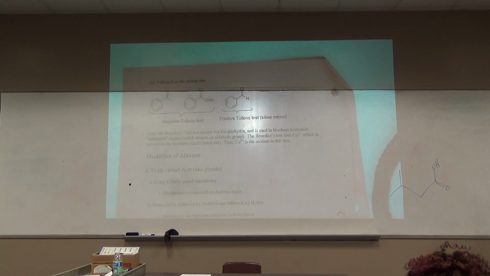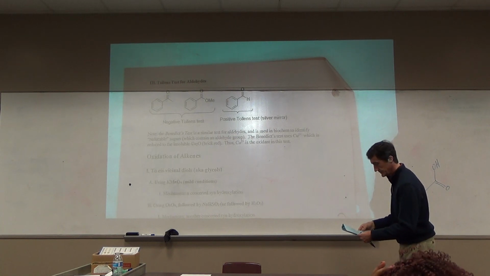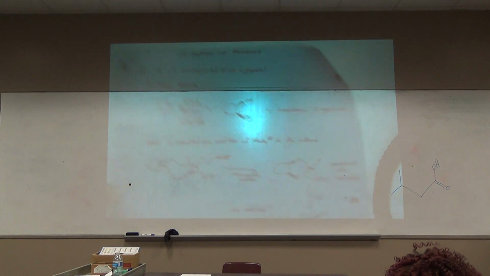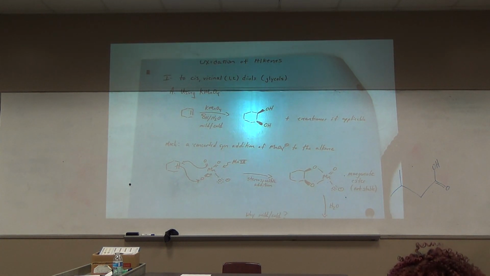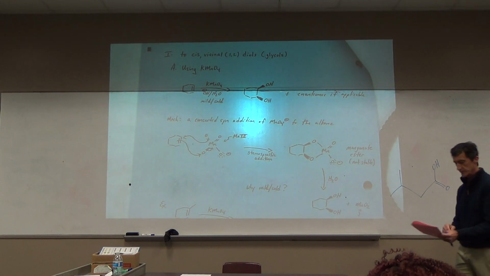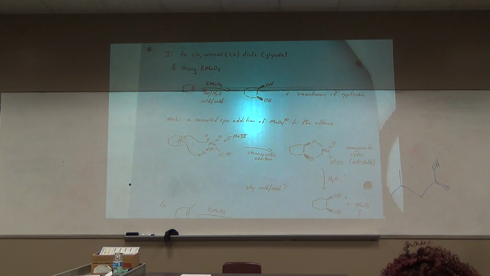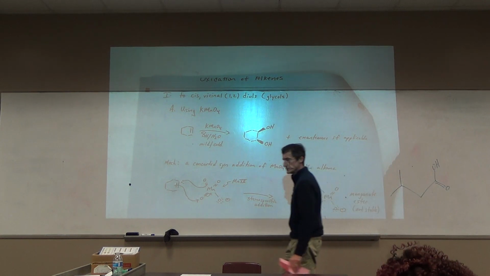Okay, the other thing we need to look at here with this material is oxidation of alkenes. All right. I'm probably going to have the blue here, and I'm going to kind of read off the pink. Some reactions of alkenes.